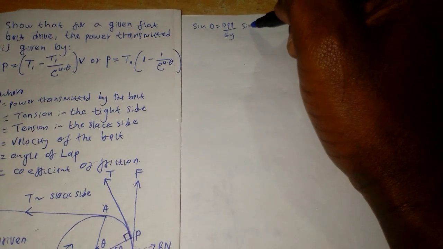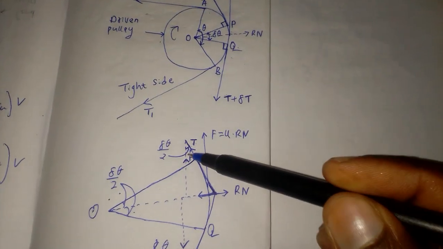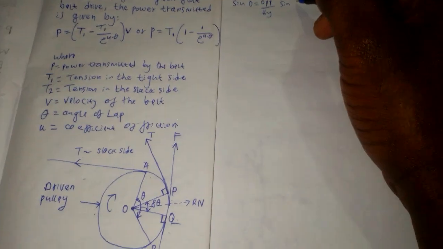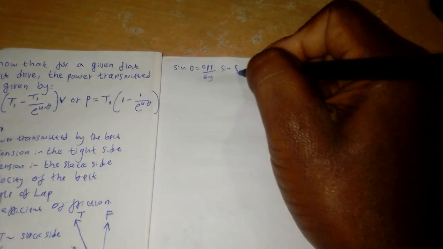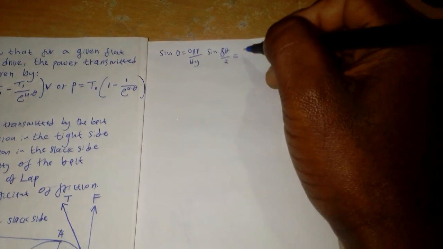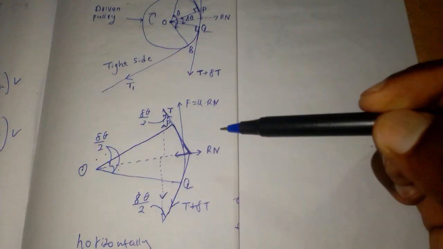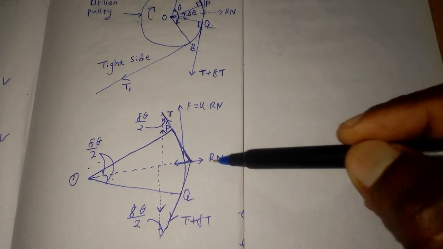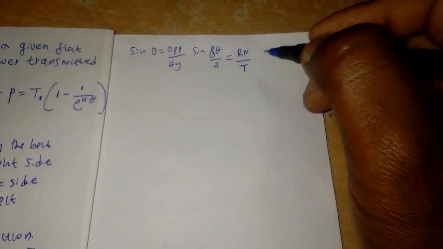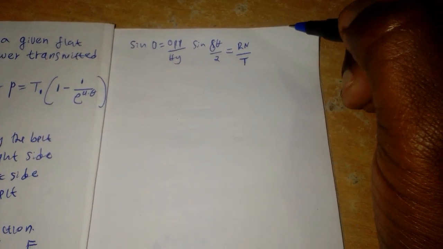Taking this angle, which becomes alpha theta divided by 2, the opposite is this force, Rn, divided by the hypotenuse, which is the tension at the slack side, T.